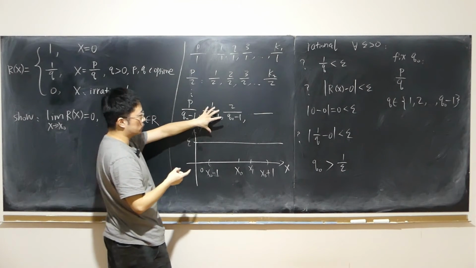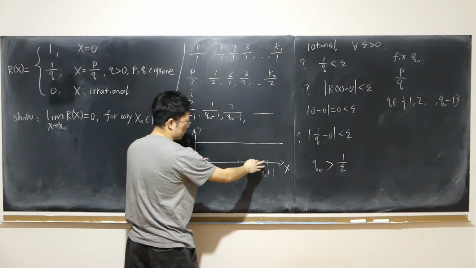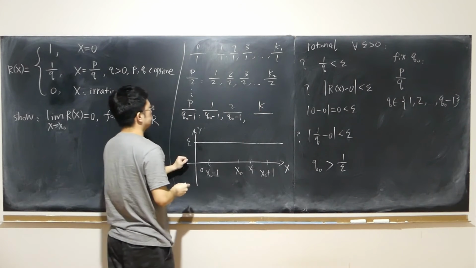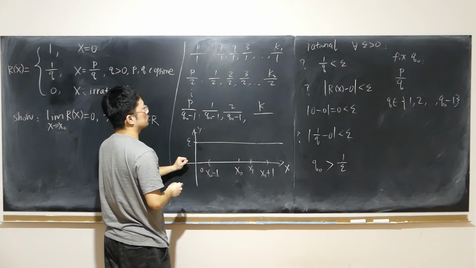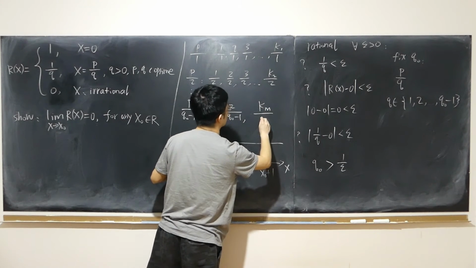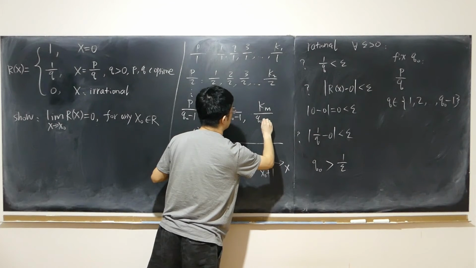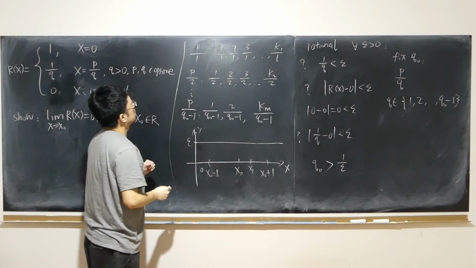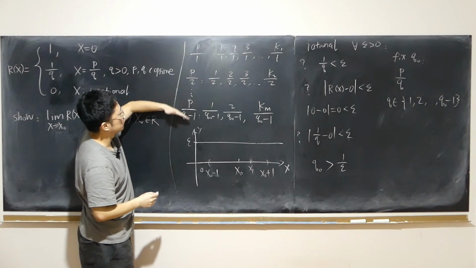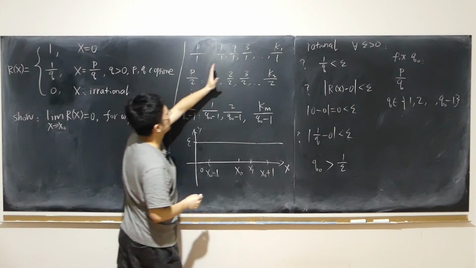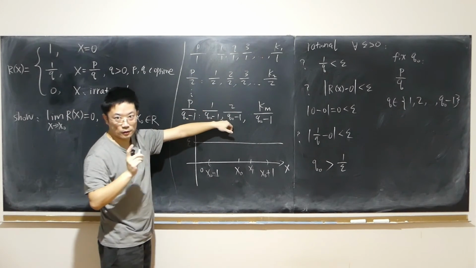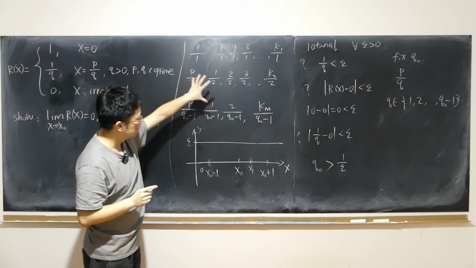It cannot go on forever, otherwise it'll exceed this neighborhood. Maybe k m over q naught minus 1. So also because q naught is fixed, finitely many. Finitely many rows, finitely many columns, so in the end, finitely many elements.